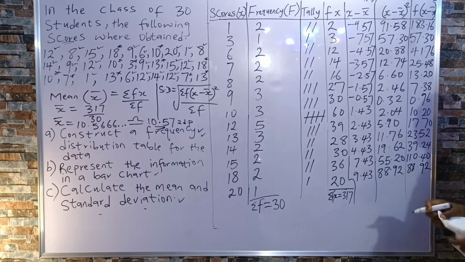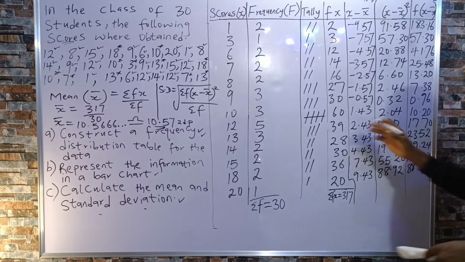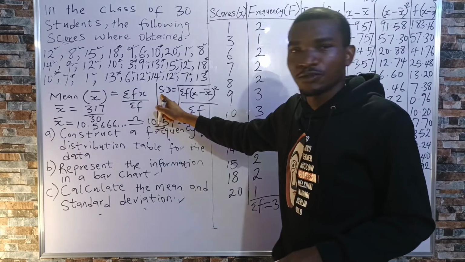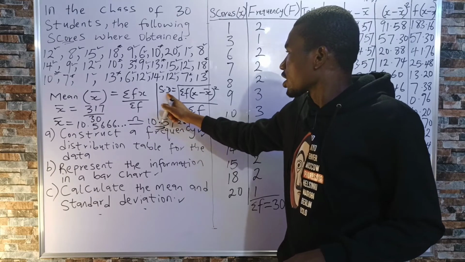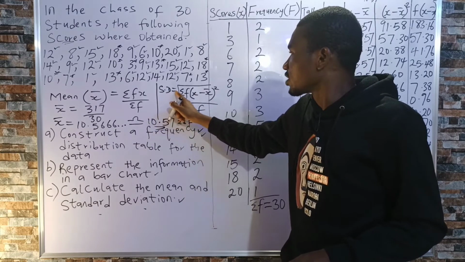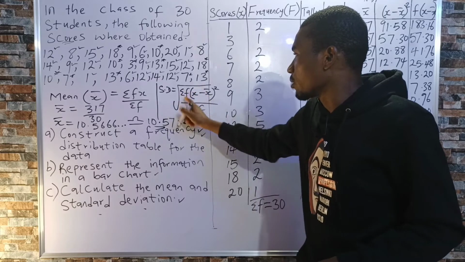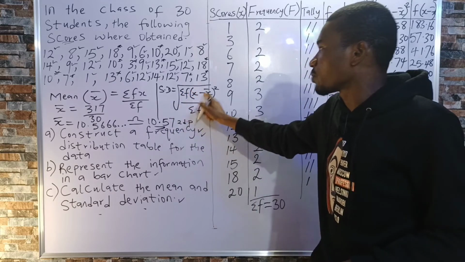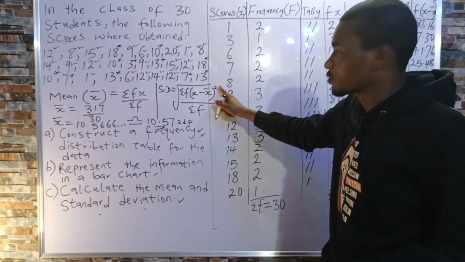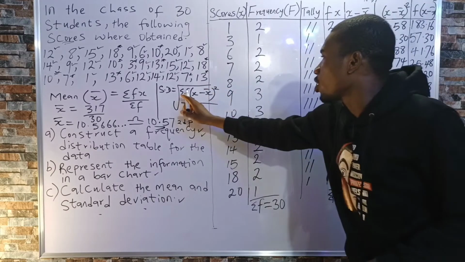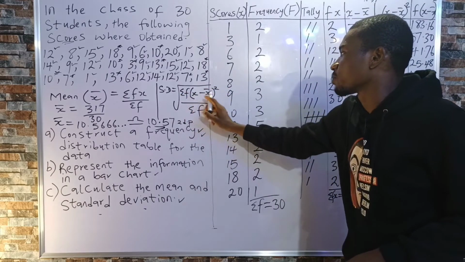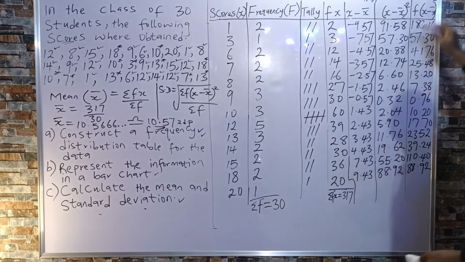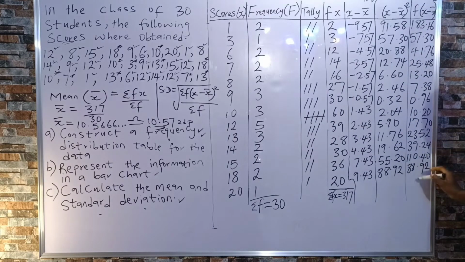Okay, having fixed all our values for the last column here, let's get to solve this very standard deviation. Remember, our standard deviation is the square root of the summation of f(x minus x-bar) raised to the power of 2. So everything we have in this column, we shall sum it.